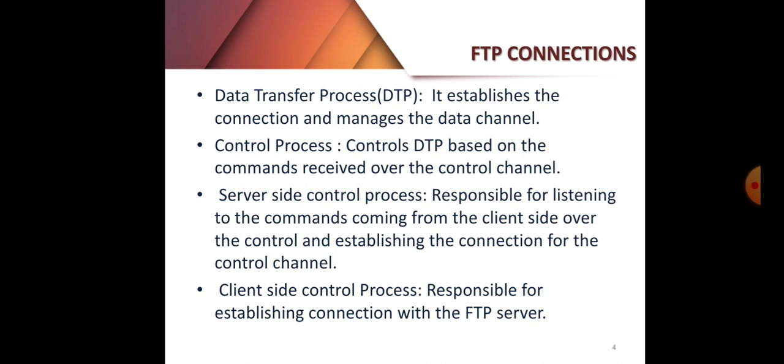There are two different types of control process: the server side control process and the client side control process. The server side control process is always in listen mode, listening for the commands or requests sent from the client side over the control channel, and once a request is received, it initiates the steps for establishing a connection.